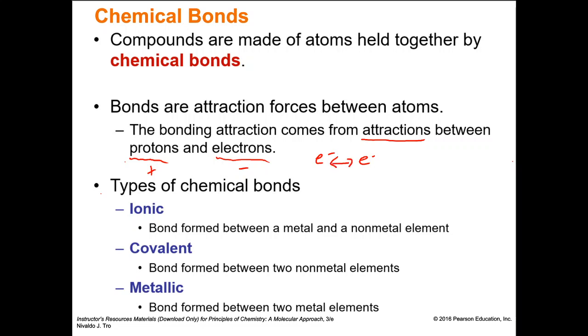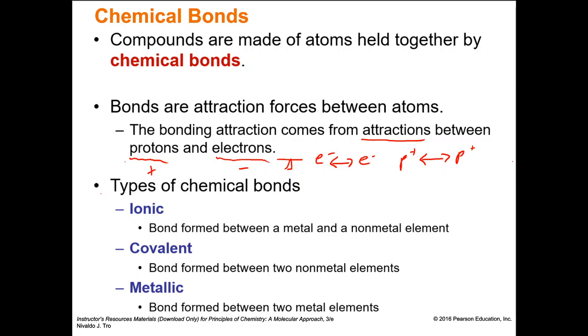Just like the same poles of two magnets, they're going to want to push away. So a chemical bond is really a delicate balance of these two forces. We have a positive and negative attraction, and we also have repulsion between similar charges. And of course the same is true for two protons as well, so they're going to push away too.